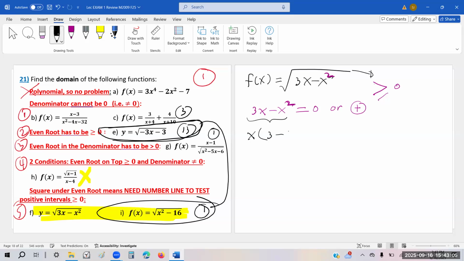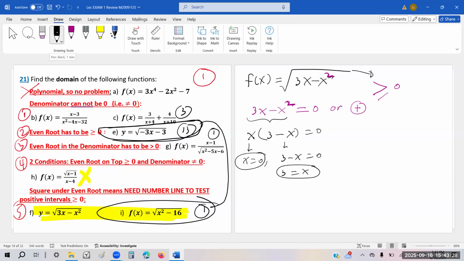And we get x times 3 minus x. So x equals 0 gives us y equals 0. And x equals what? Not negative 3. So 3 minus x equals 0, that gives us 3 equals x.